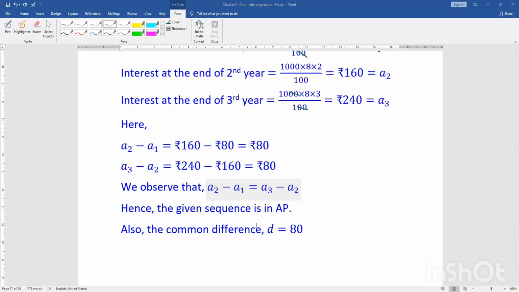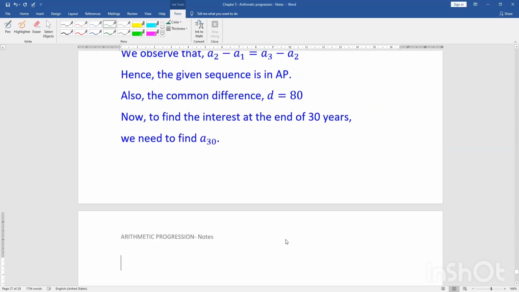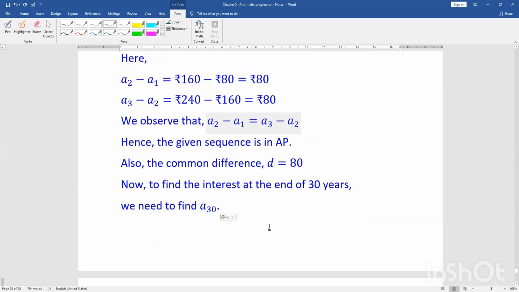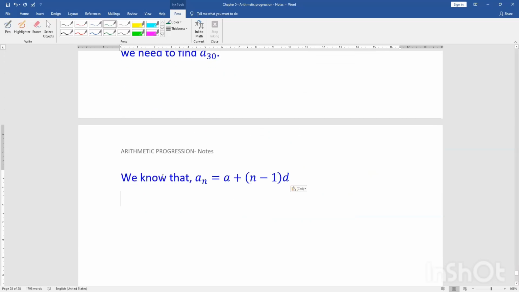Now to find the interest at the end of 30 years, we need to find out A30. Again, we are going to use the nth term of an AP formula, that is an equals a plus n minus 1 into d. Now what is given here?